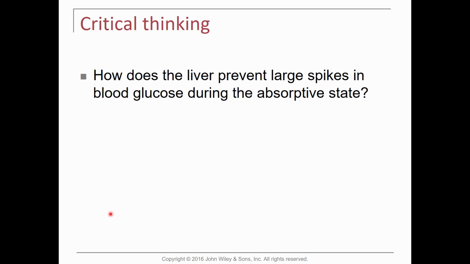It sends the rest of the glucose onto the body. So the amount of glucose leaving the liver is not as high as the amount of glucose entering the liver. So the liver prevents a large spike. Now, blood glucose level is still going to go up, but not like it would were not the liver there to sort of buffer the body against a big glucose insult.